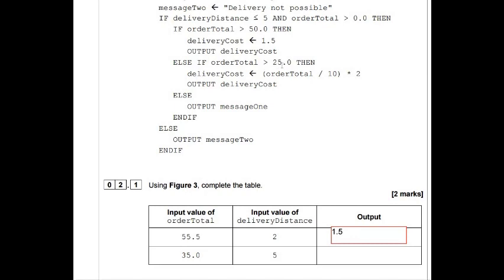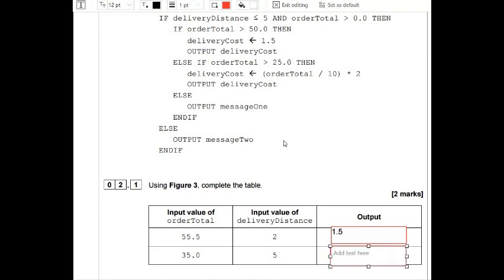Whereas over 25, so we're going to have the delivery cost equals the order total. So if you remember, we've got the order total divided by 10, which is your 3.5, and then times by 2, 7.0, but they will accept if you just have a 7. But the correct answer is 7.0. Okay?